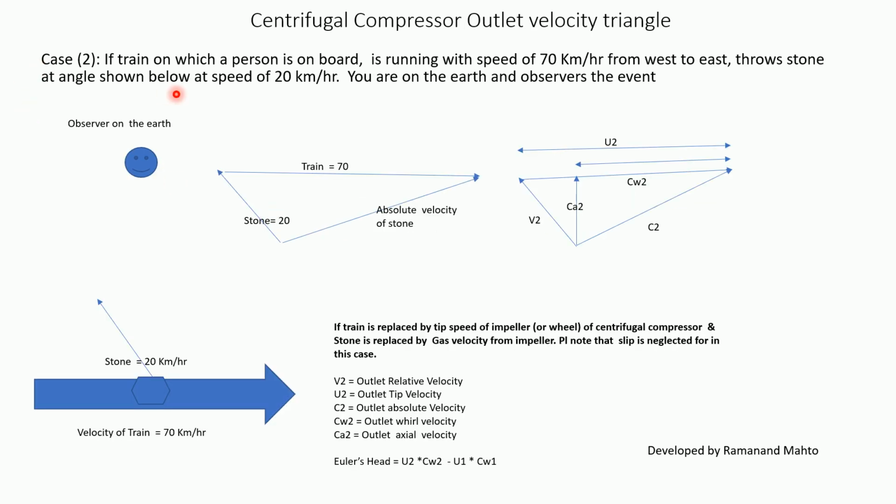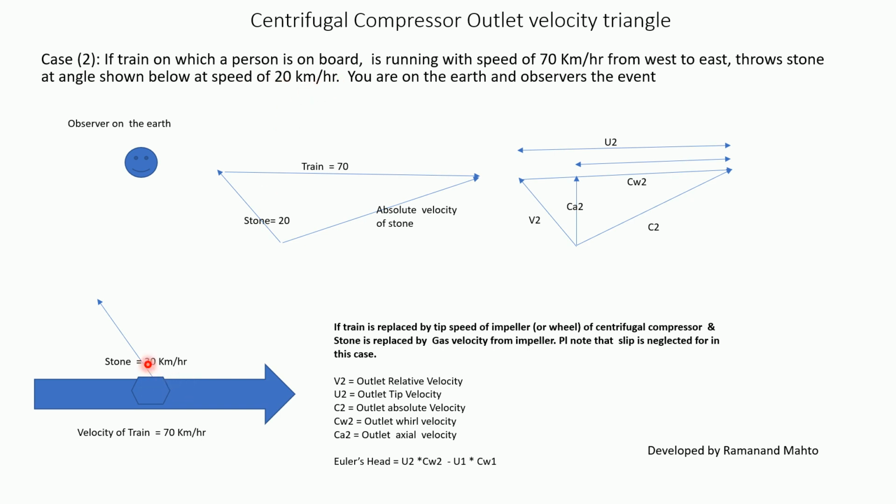Now case 2, centrifugal compressor outlet velocity triangle. A train on which a person is on board is running at the speed of 70 km per hour from west to east, and the person throws a stone at the angle shown below at the speed of 20 km per hour.